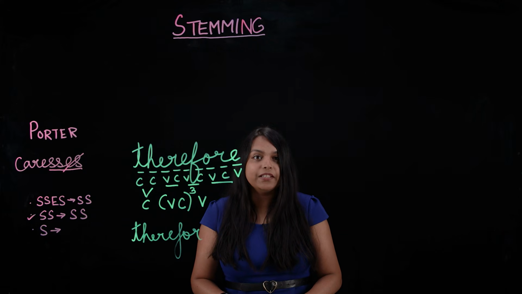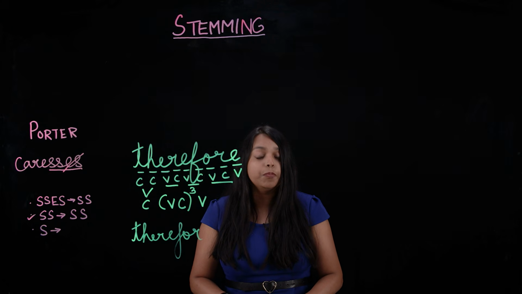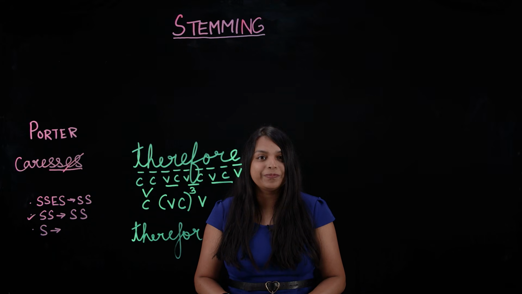Another stemmer that you might have heard of is called the Snowball stemmer. It's a modification of the Porter stemmer. The Porter stemmer was created only to be used with English words. However, the Snowball stemmer is multilingual, which means it does work on languages other than English.